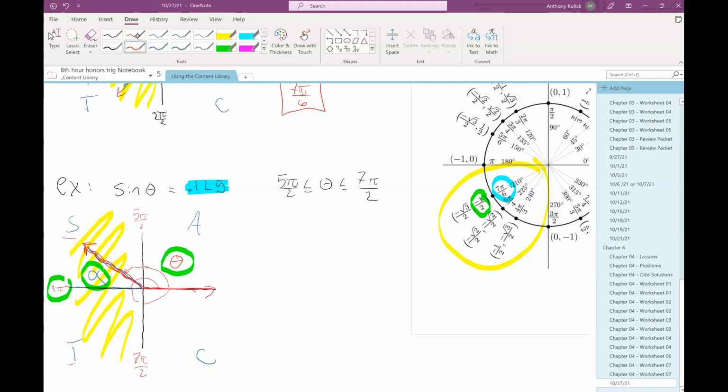What equation relates those three together? Theta plus alpha is equal to 3 pi. Or if we rearrange it, theta is equal to 3 pi minus alpha.